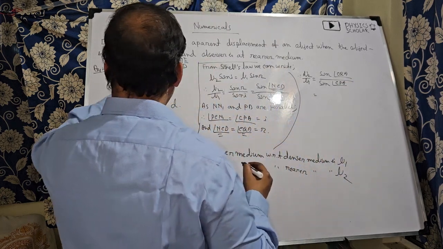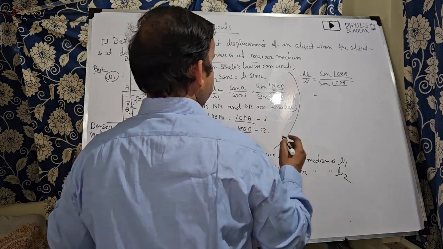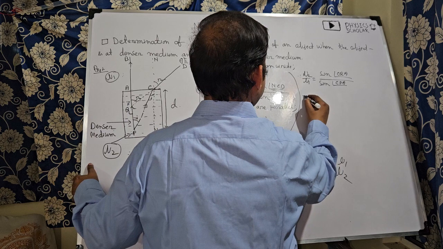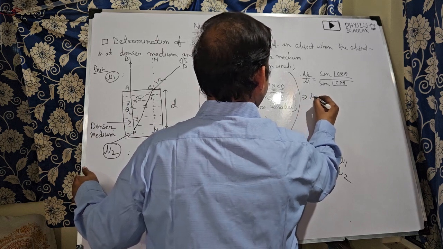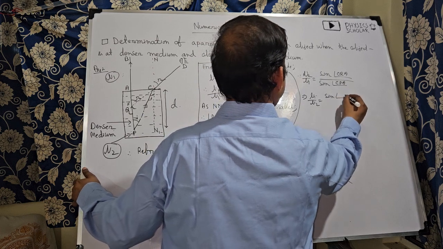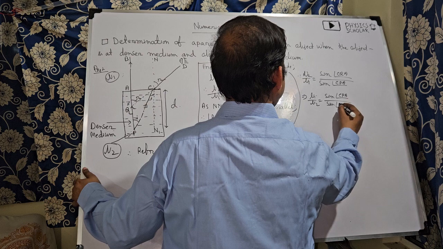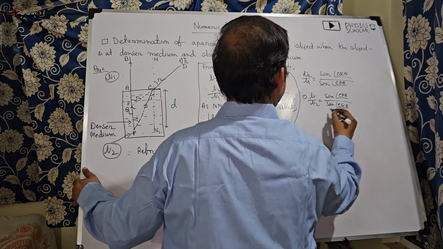So instead of this, we can write this. Now, mu 1 by mu 2, this will be reversed: sine angle CPA divided by sine angle CQA.